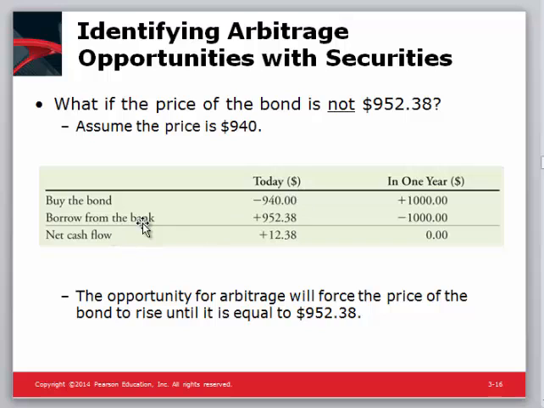A lot of people borrowing from the bank should reduce the interest rates, which ultimately should have some impact on the amount of money that could be borrowed. But if we just think about buying the bond, the more bonds people buy, the more the price is going to go up. Eventually, the price will be exactly equal to $952.38.